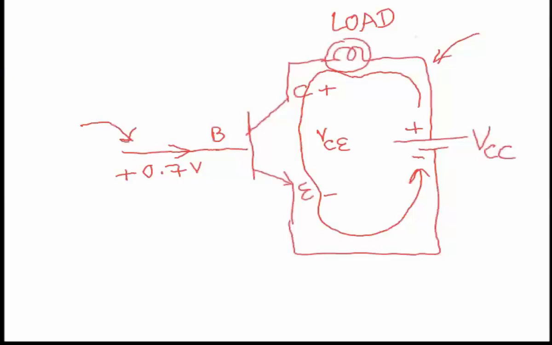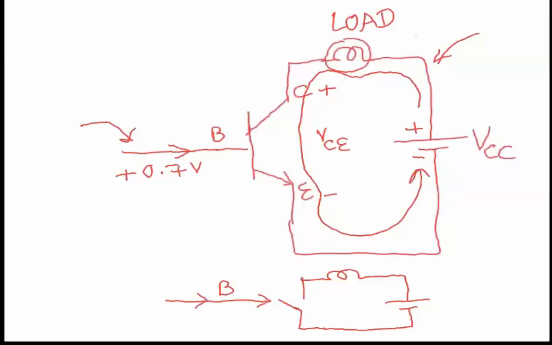Think about the transistor like a switch. Let's say I have the same lamp here with the same source here. Let's say this transistor is like a switch where the switch can be controlled by the base. So if the base voltage is not 0.7, if you have lower than 0.7, then the transistor acts as an open circuit, where obviously you can see that the current cannot go through.